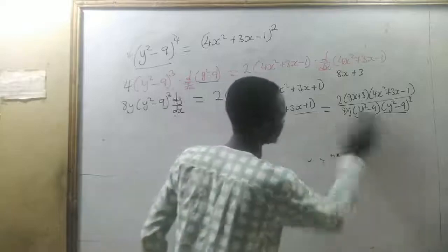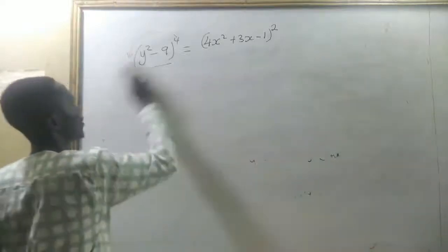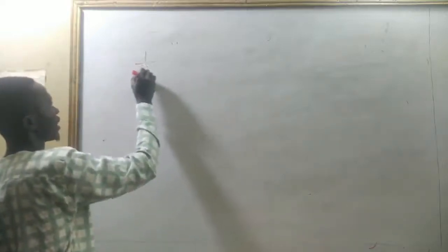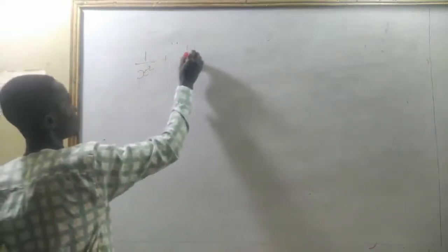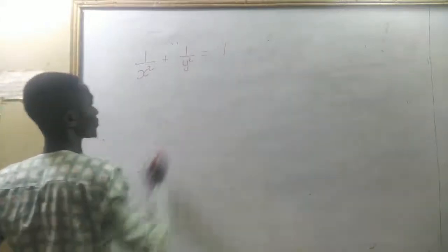Now let's see the next example, and that one will be the last example. If I have 1 divided by x squared plus 1 divided by y squared equal to 1.